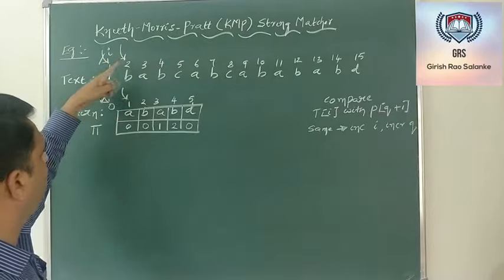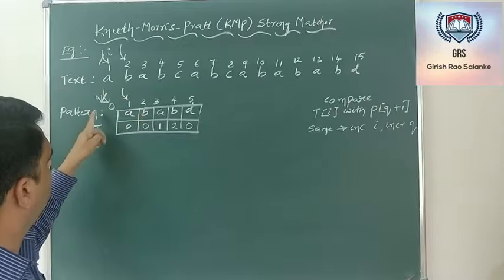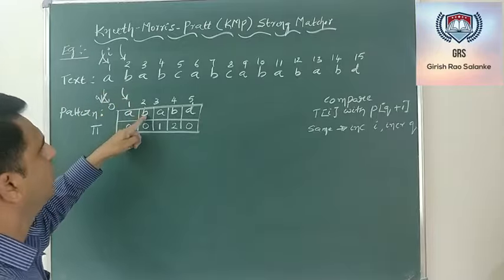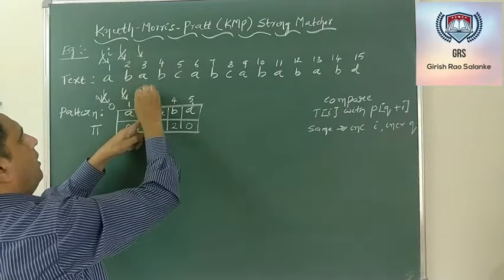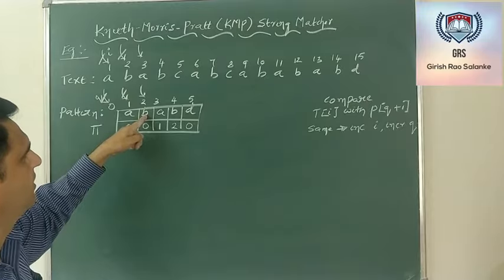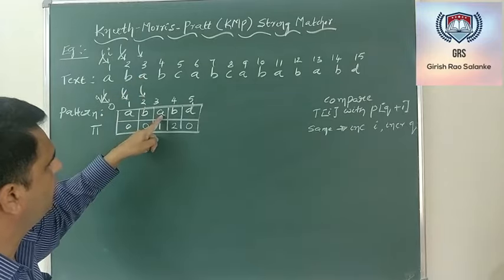Next, compare T of I, that is B, with B. Both are the same. Now increment I and increment Q. Next, compare T of I, that is A, with P of Q plus 1.